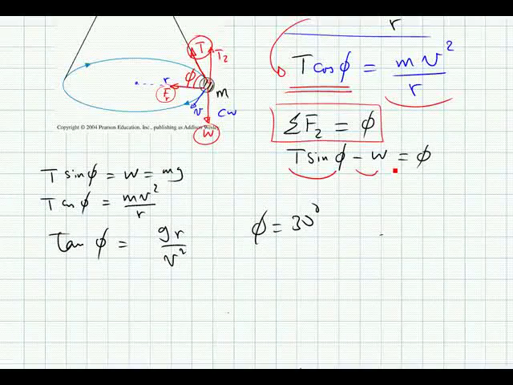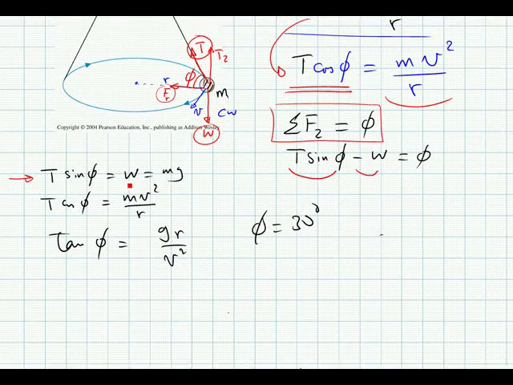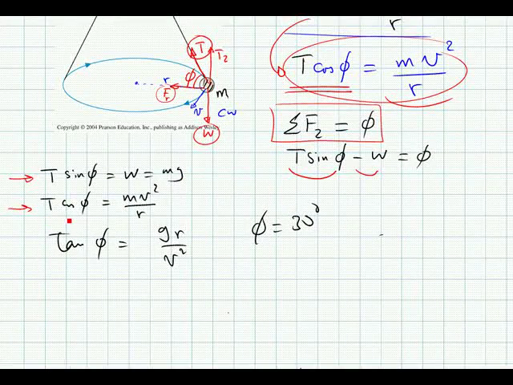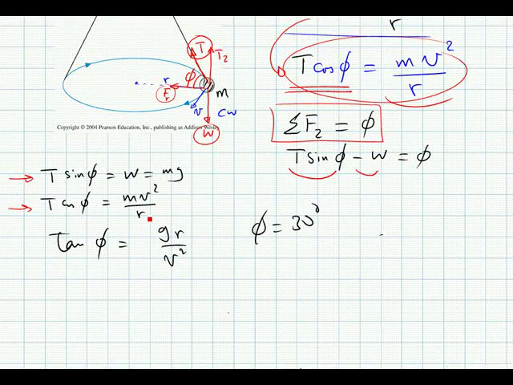Now we have two equations. One is T sine phi is equal to w, which is mg, and the other equation from up here gives us T cosine phi is mv squared over r.